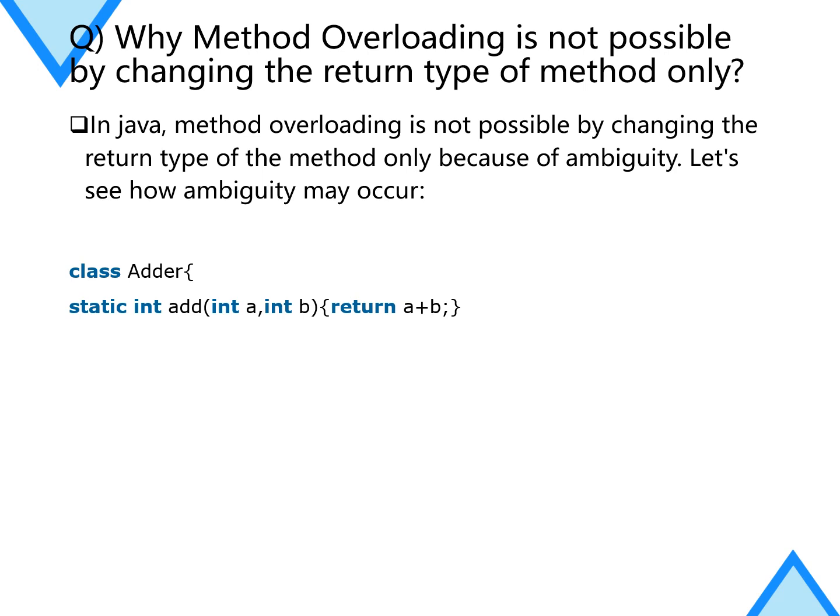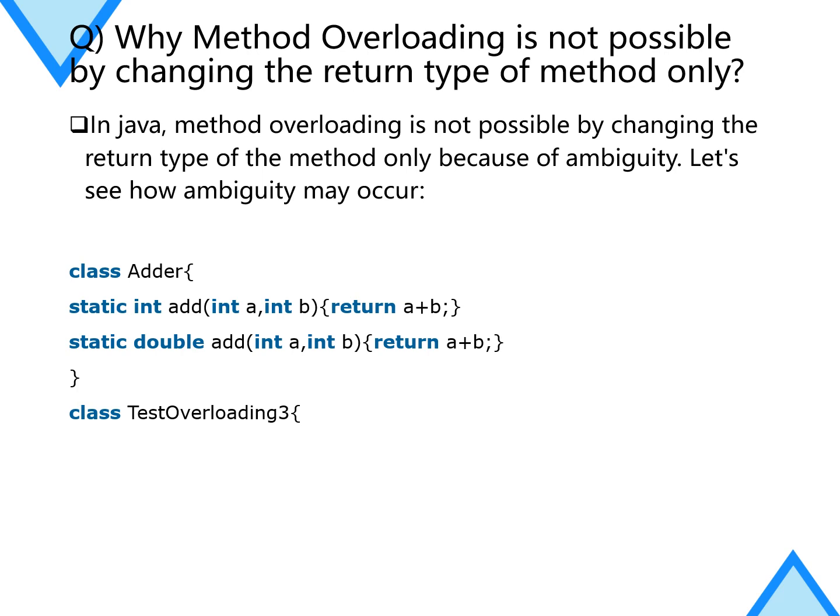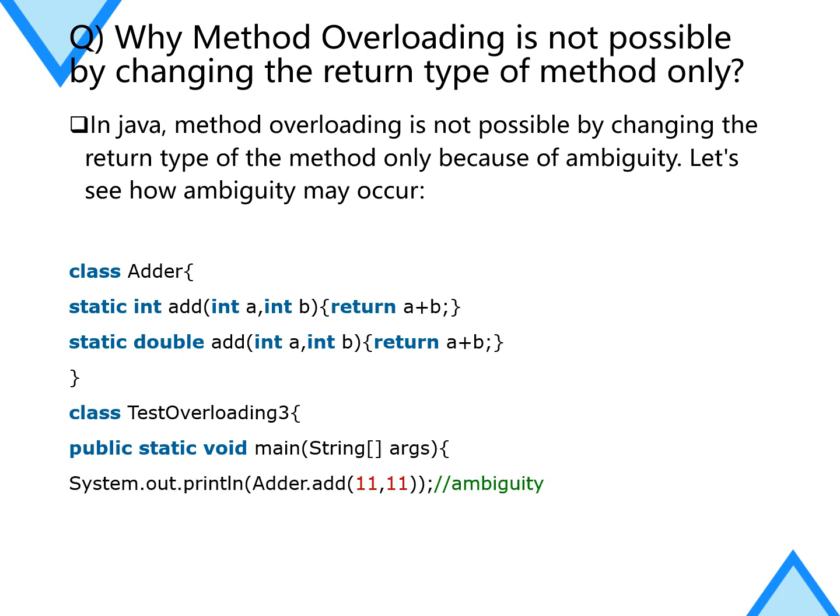We have a class Adder and a method add with two integer arguments. Again we have another method where we keep the return type different, but keep the number of arguments the same. And we have another class TestOverloading which contains the main method, and here we are calling add.